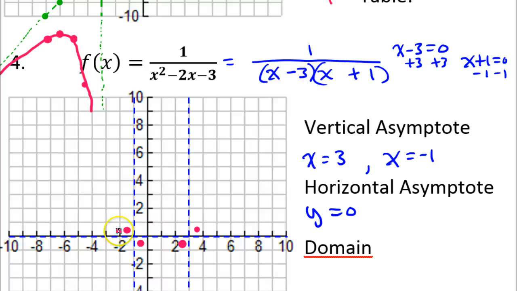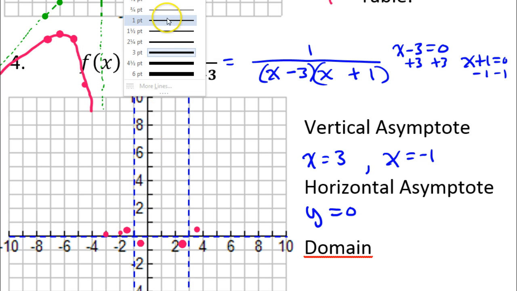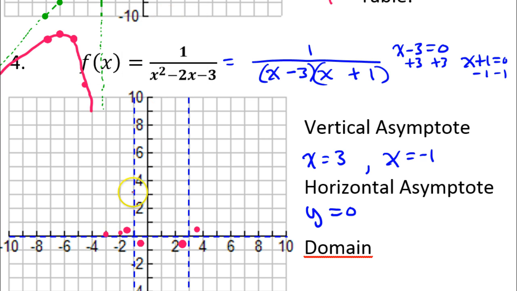You're practically on the asymptote by the time you get over here. So it is approaching. That's enough information to tell me that this branch over here on the left has got to approach both asymptotes, so it's going to be tough for me to draw, but I'm going to do my best.